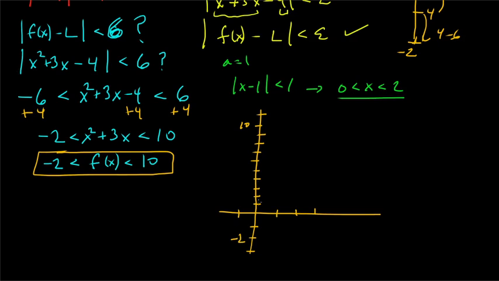So the graph of f of x is going to look something like this. And yes, when you plug in 2, you do get exactly 10. That's kind of the point here. If I plug in negative 1, I get negative 2. So the parabola looks a little bit like this.